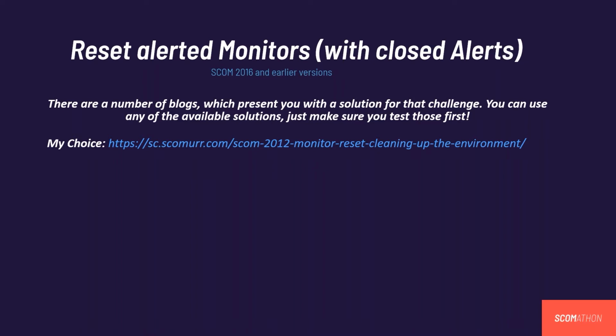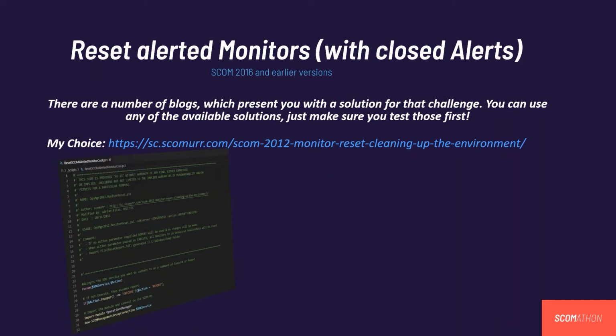To solve this, I have tried a number of different scripts. I have noticed that some of them are not resetting all the monitors from all the classes. And my particular choice, you see it on the screen now, comes from this particular block. I have tested it thoroughly.